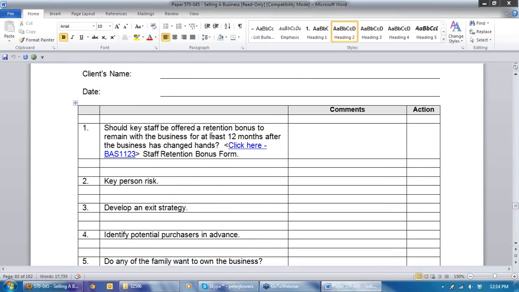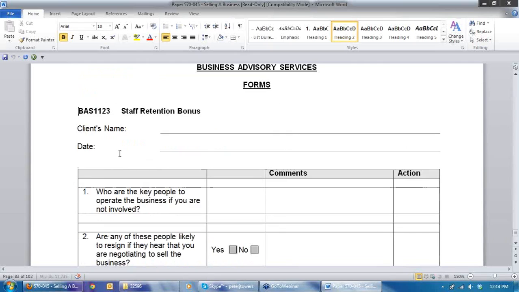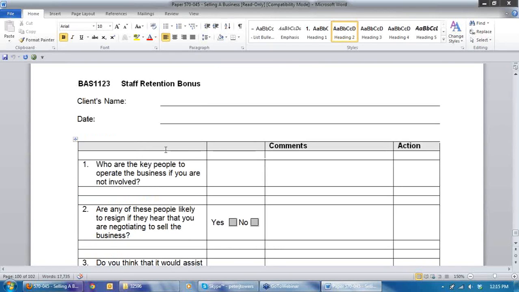And because of the competition in selling businesses at present, in trying to obtain the highest possible dollar, some businesses are offering retention bonuses to keep good staff remaining with the business for 12 months or so, as an inducement to try to ensure that the purchaser is going to be happy that they've still got a good nucleus of a team, maybe the people that really do have a significant amount of intellectual property on how this business operates.